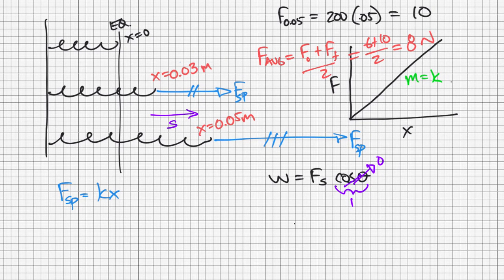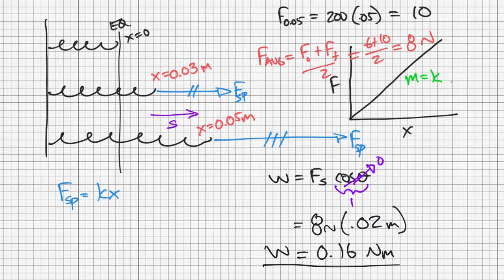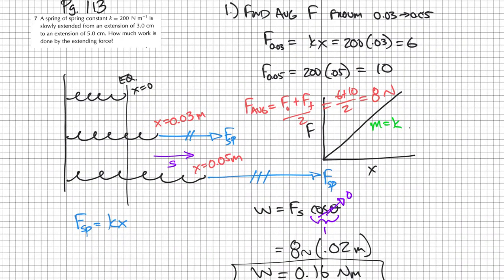The work done would simply be 8 newtons multiplied by 0.02 meters, or 0.16 newton meters or joules. Same unit; 1 newton meter and 1 joule are the same. So that's one way you could do it: using Hooke's law, finding the force at the beginning, the force at the end, then the average force during that pull, and multiplying that by my displacement. That's how I would find work.